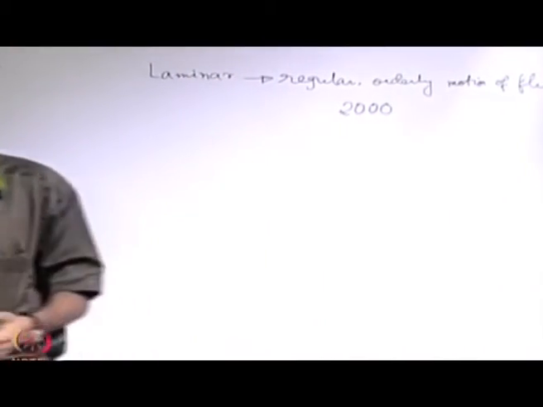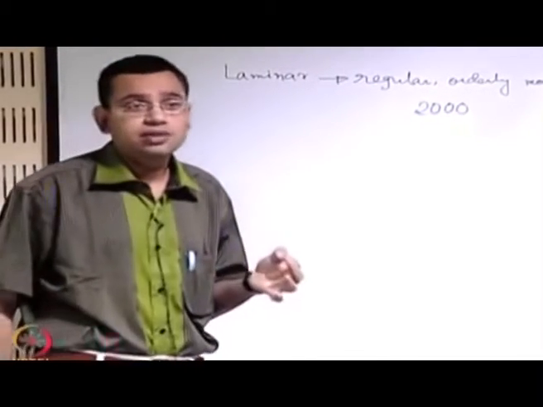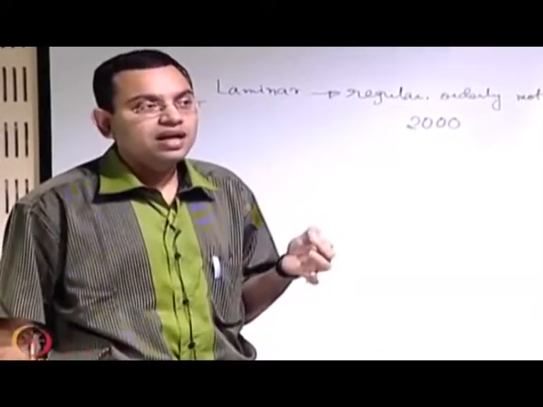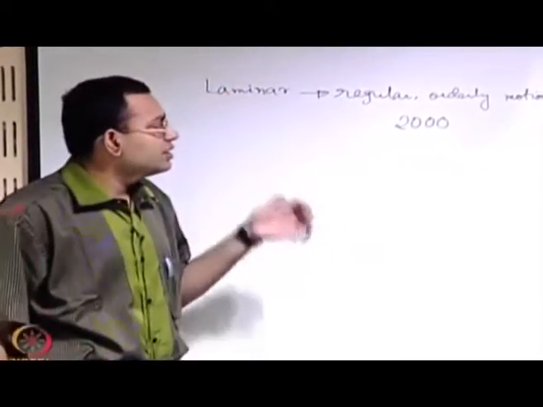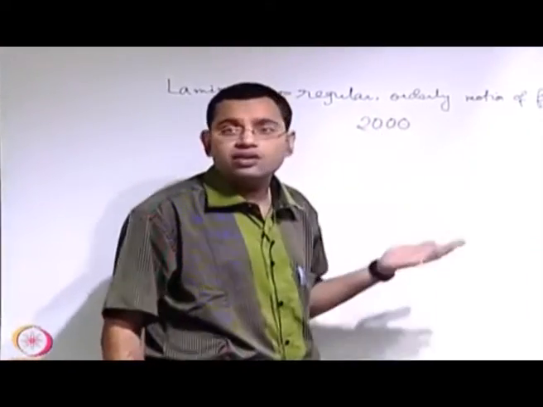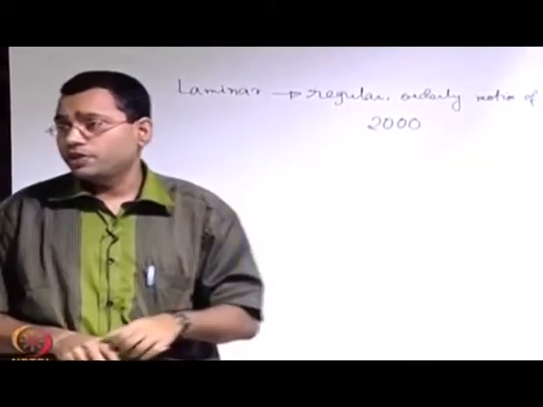There is nothing which denies that, because it all depends on the level of disturbance. If you have an infinitesimally small disturbance, then you may make sure that it is not going to get amplified even for high Reynolds numbers, but that requires a very careful set of experiments.